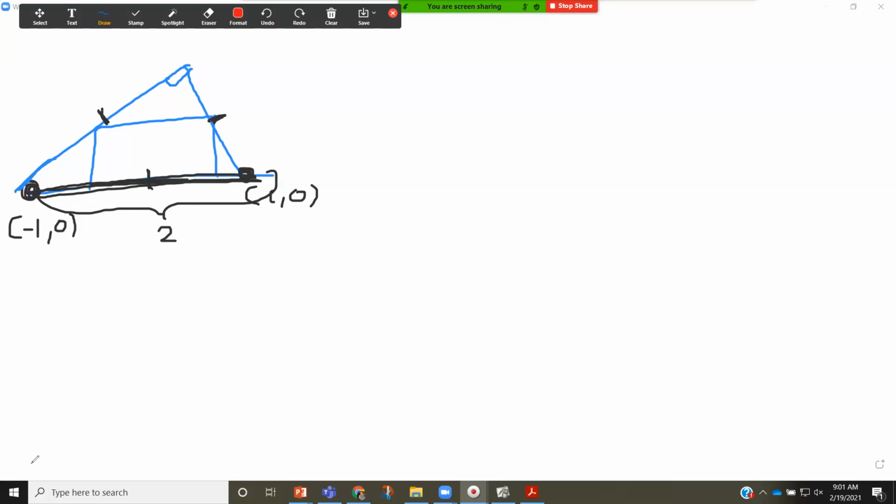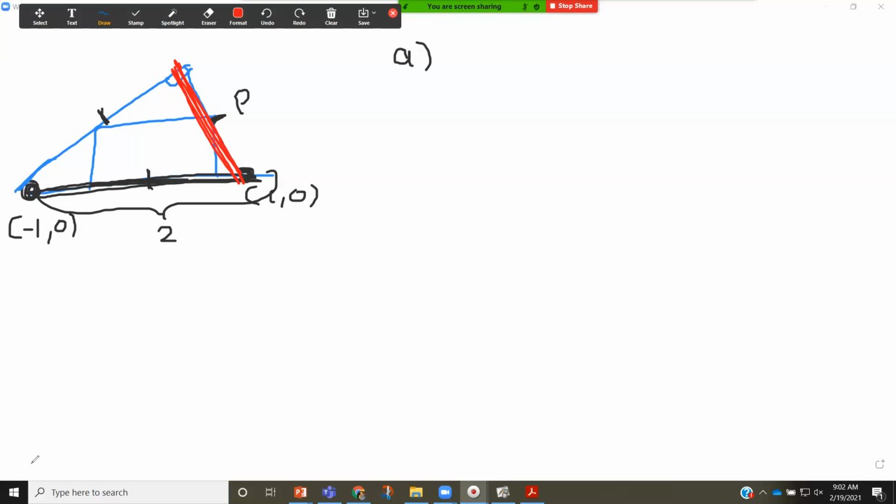So that's what I got just from the beginning information. For part A, it asked you to express the y coordinate of P in terms of x. So in order to express this point here as a y coordinate in terms of x, you needed to find the equation of the line for this graph right here.